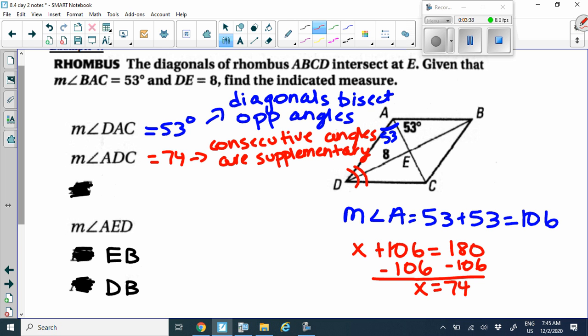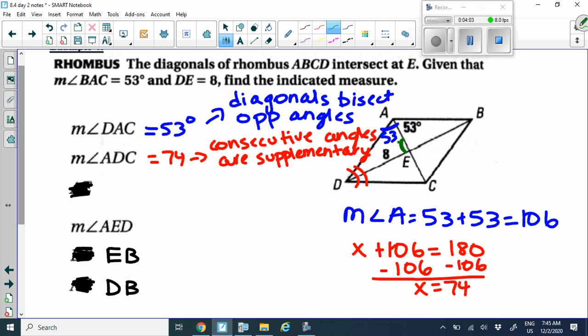Okay. Now let's find the measure of angle AED. So we have AED, so this part here. Okay. So where that green is, well, one thing we know about diagonals, let's look at all the ideas about diagonals, okay? Well, diagonals bisect each other, but that's not going to help with an angle measurement, okay?